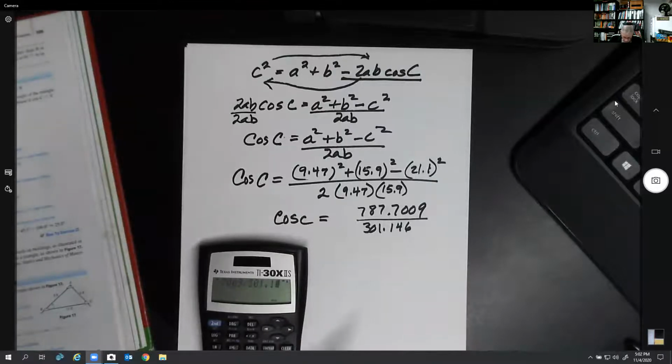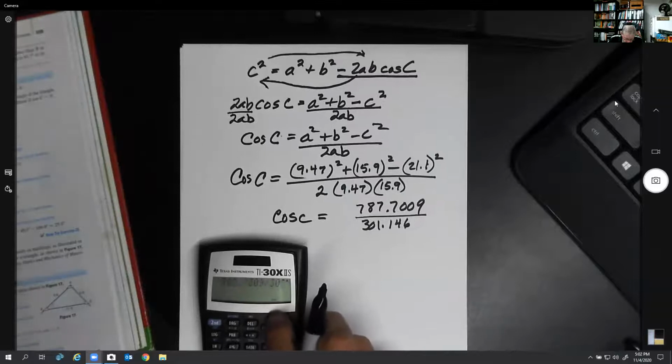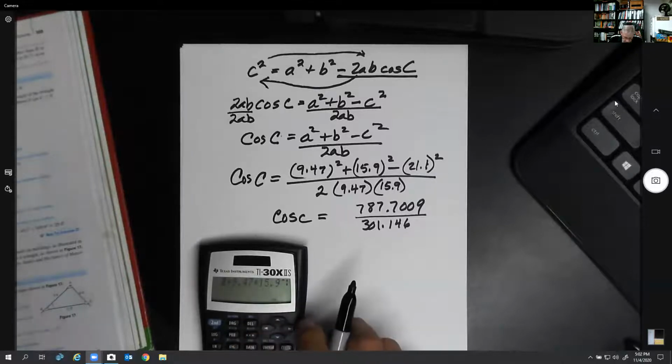Let me multiply the bottom again. Let's go back up here. 2 times 9.47 times 15.9.